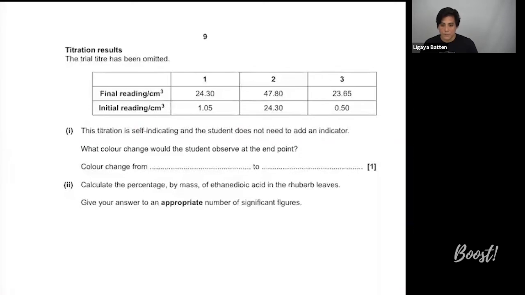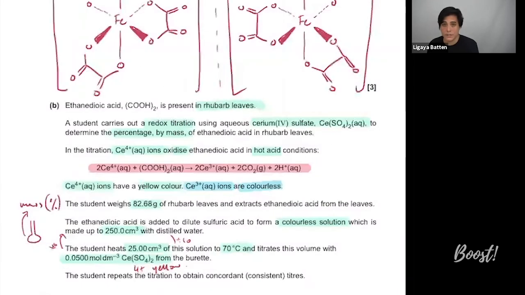All right, so before we go into the actual table, the first question says the titration is self-indicating and the student doesn't need to add an indicator. What colour change would the student observe at the end point? So, right, we know that the solution started off as colourless, and then the solution that we were adding to it from the burette is yellow.